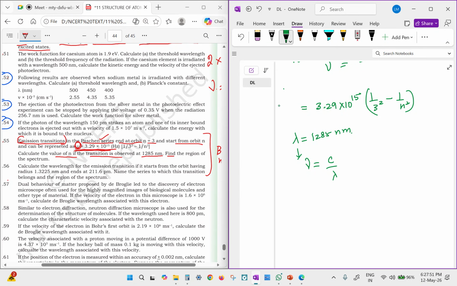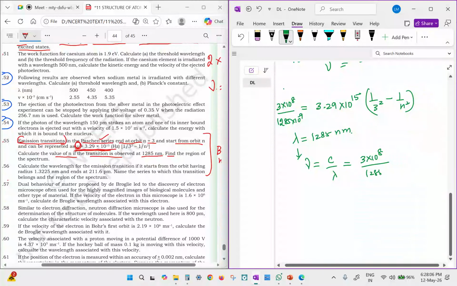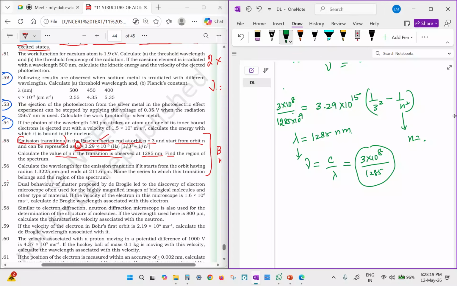So can we now write that it is 3 into 10 to the power 8 divided by 1285 into 10 to the power minus 9? Won't that become your frequency value, children? So let us substitute this in the frequency and find out what should be the value of n. Is that clear? Yes. Okay.